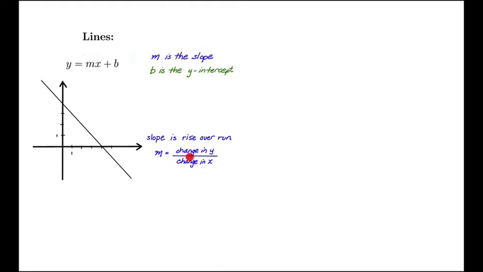In order to find these two differences, we need to determine 2 points on our line. And we can see here that we can easily read off the y-intercept of our line as the point 0,4. And as it turns out, we can also determine our x-intercept easily as the point 4,0.